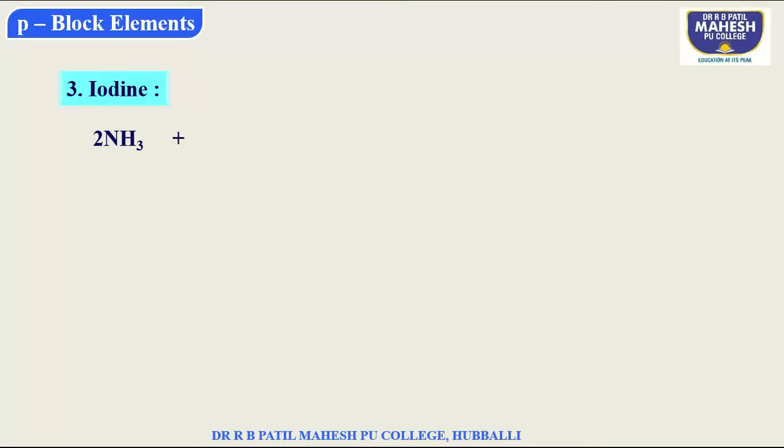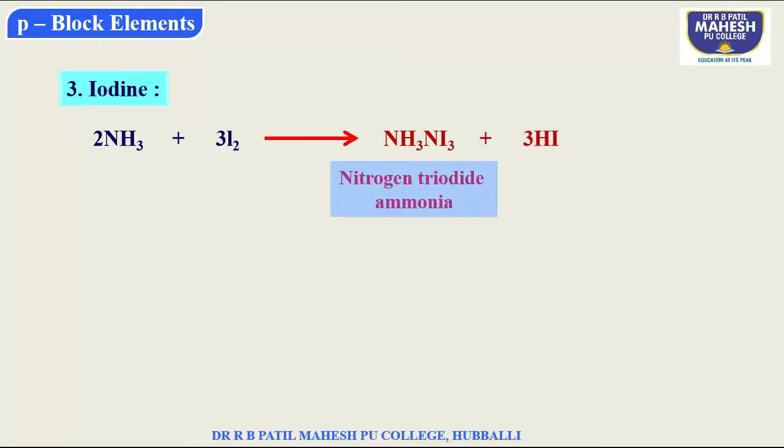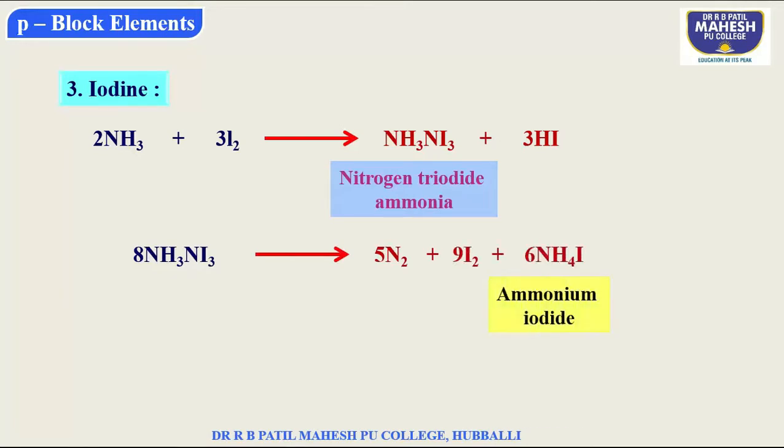Ammonia reacts with iodine and forms nitrogen triiodide ammonia, and hydrogen iodide as the product. This nitrogen triiodide ammonia is unstable and decomposes to give nitrogen, iodine and ammonium iodide as the final product.